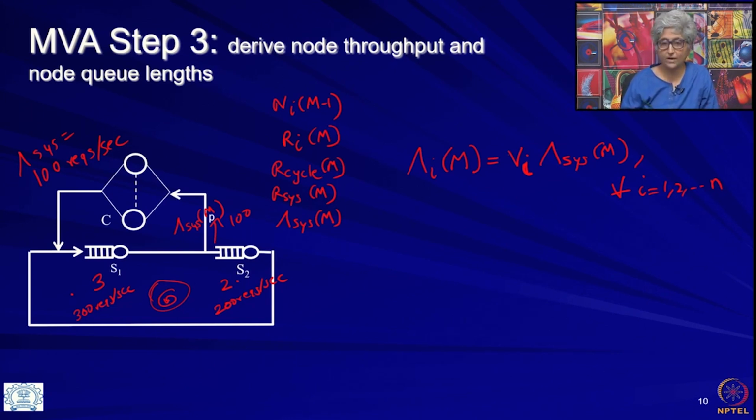Once you have the node throughput, now it is very interesting. You have lambda_1 and lambda_2. Again Little's law, you can see how beautifully so many laws are coming to our rescue. We started with the Sevcik-Mitrani theorem to apply the recursion, and then we apply Little's law either to the whole region, or now to just the nodes.